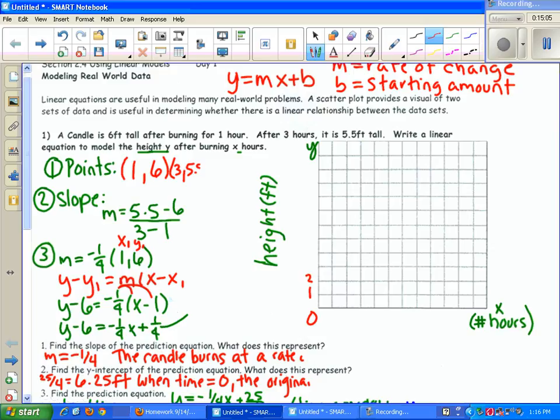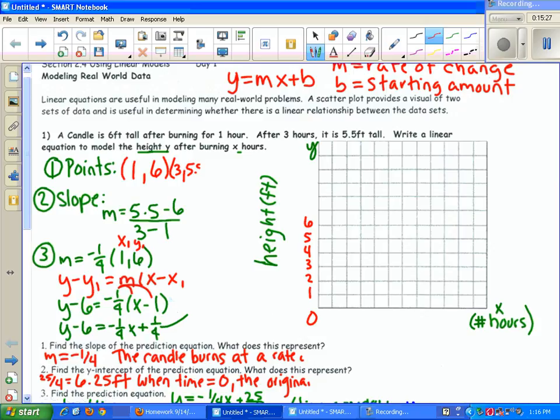So this is going to be 1, 2, 3, 4, 5, 6, and then so on. And then if I look at the rate at which my candle is burning, I know that for every 4 hours it's going down 1 foot.